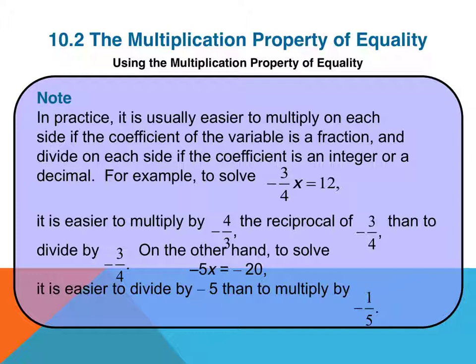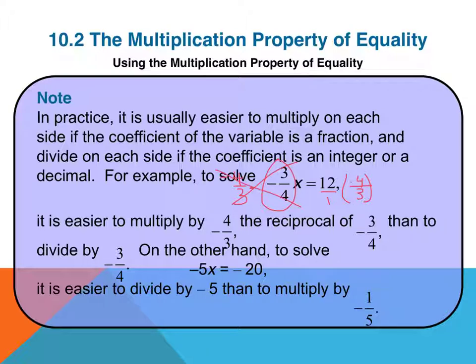So for example, if I have negative 3/4 x equals 12, because I have a fraction, it would be easier to multiply by the reciprocal. So I would multiply by negative 4/3. I would write my 12 over 1 so that my 3's cancel, my 4's cancel, and I'm left with x.